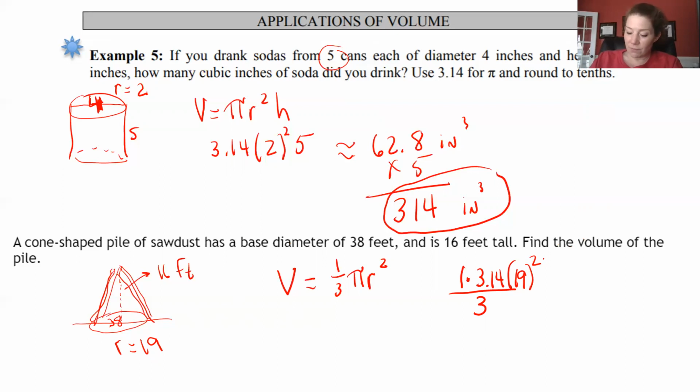So 3.14 times 19 squared equals 1133.54. Okay? And then we're going to divide that by 3. So divided by 3 is about 377 point, it didn't tell us what to round it to, so we'll round to the hundredths. So we would round it to 0.85.